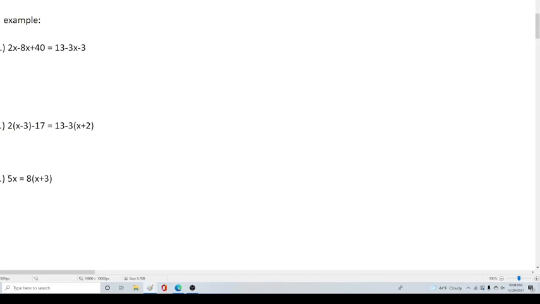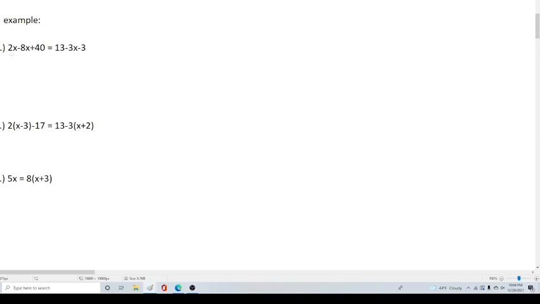For our first example, we have 2x minus 8 plus 40 is equal to 13 minus 3x minus 3. And like before, our goal is to isolate our single variable by getting it to one side and just numbers on another.